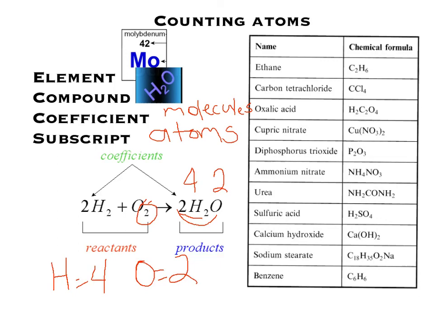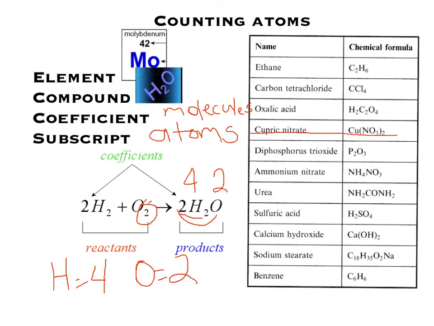An example that might give you a little trouble is when we see parentheses. Parentheses, if you know the order of operations in math, means whatever is outside of the parentheses, you do the same to all of the things inside. So I'm going to share this example of cupric nitrate with you.